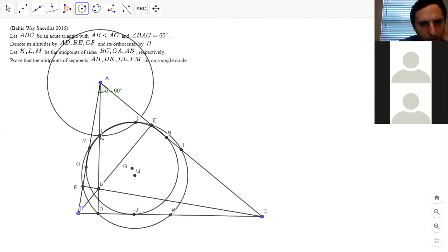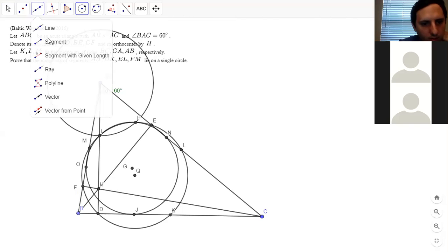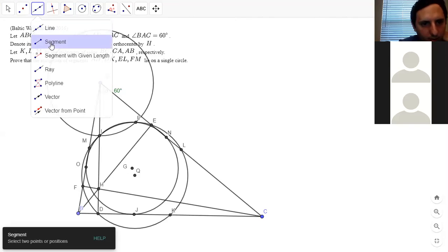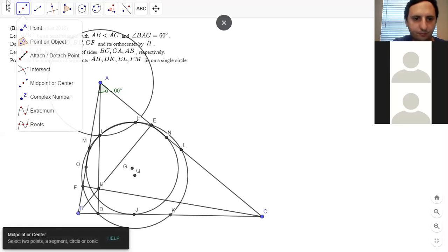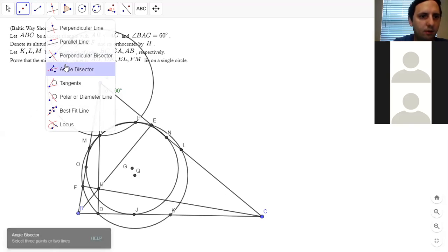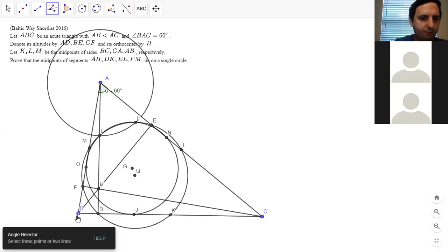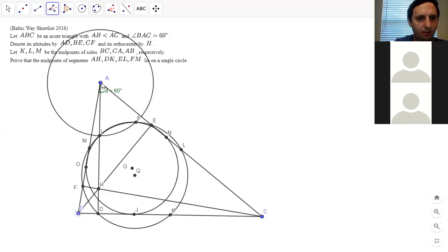So if that's true, although I'm not 100% sure that's true, that would mean that Q lies on the angle bisector. G and Q look like they both lie on the angle bisector.